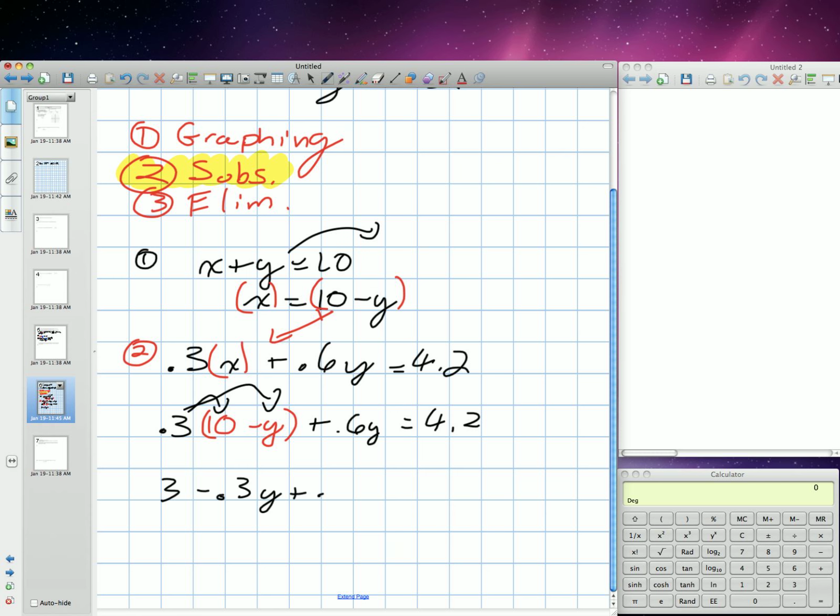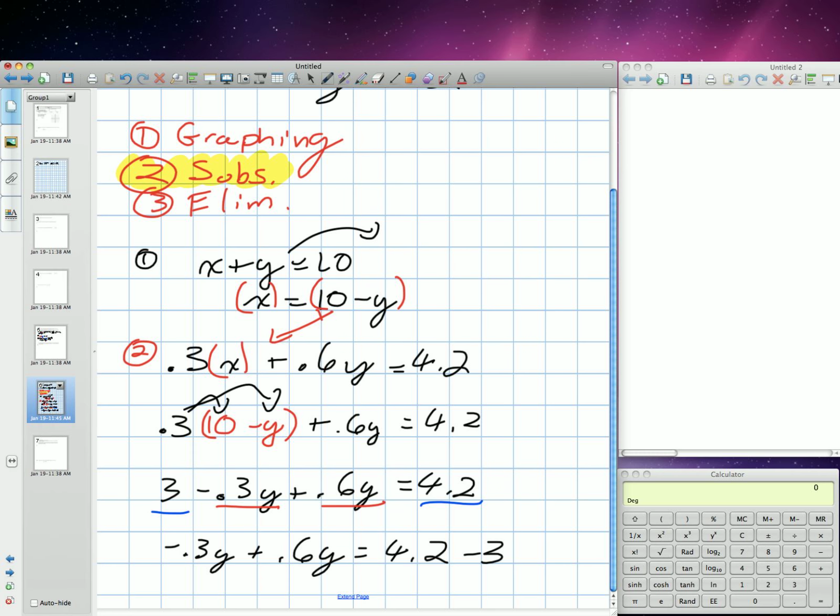We're going to collect our like terms. My coefficients with a variable attached, my y's, are like terms, and the 3 and the 4.2 are like terms. They're constant numbers. So I'm going to move the 3 to the other side, so I have them on their respective sides.